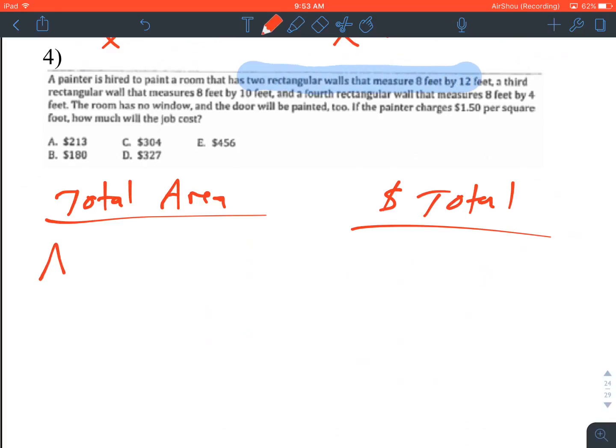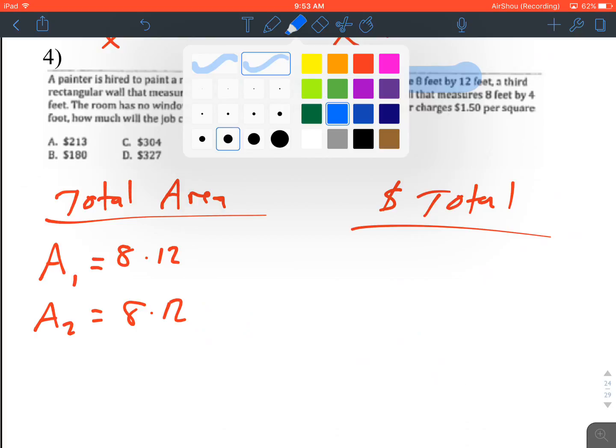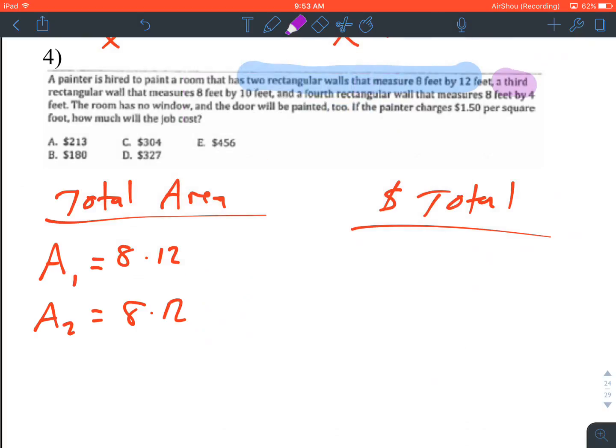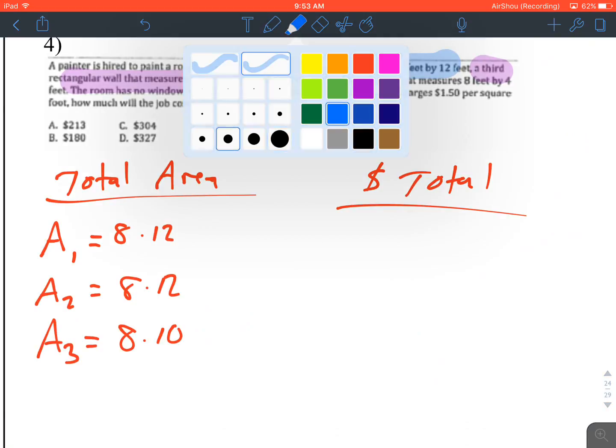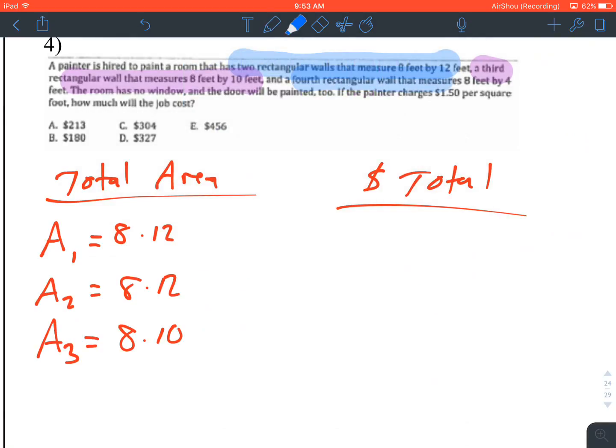So the area of, let's say, wall 1 is going to be 8 times 12. The area of wall 2 is also 8 times 12. Then it says the third wall is 8 by 10. So the area of wall 3 is 8 by 10. The final wall is 8 by 4. It's a weird room.